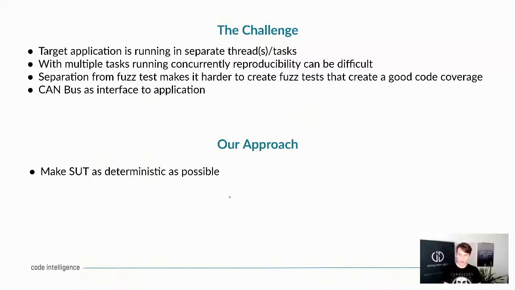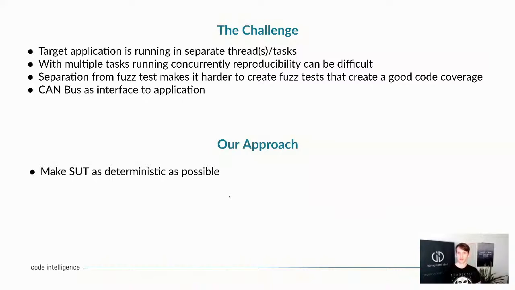For the first problems, those will be mostly explained theoretically, but I also show a little bit of a practical approach here. You will try to make the software under test as deterministic as possible. So that means on the same input, it should behave the same way. And this can mean that maybe your input also has some information about when which task should be scheduled.